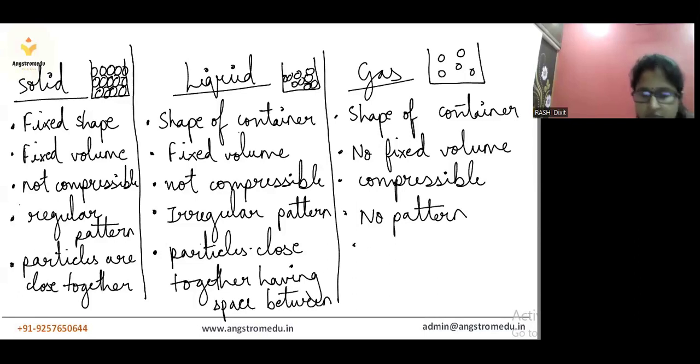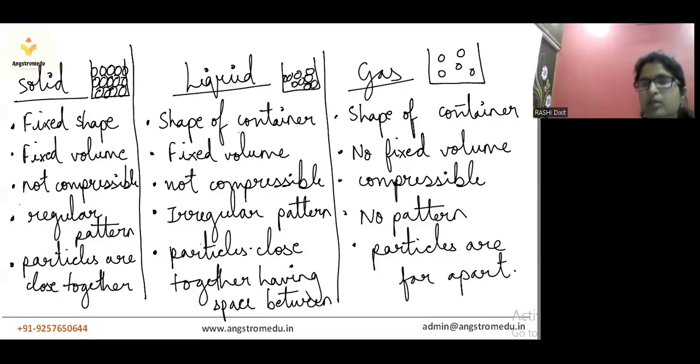Whereas in gases, the particles are far apart, right?